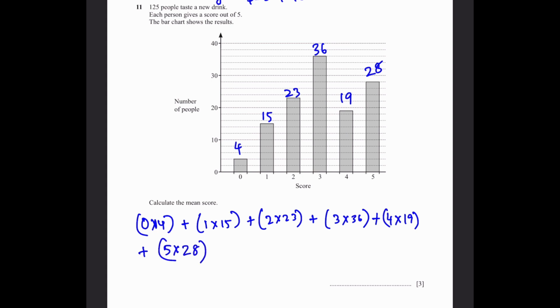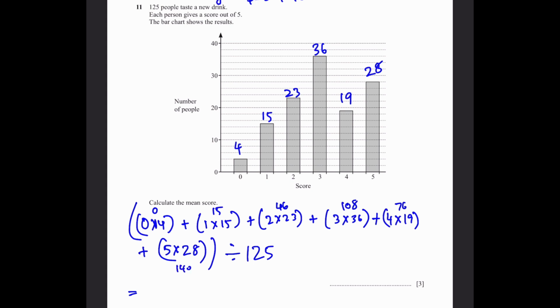And the whole thing divided by 125, which is equal to 0 into 4, 0, 1 into 15, 15, 2 into 23, 46, 3 into 36, we have 108 here, and then 4 into 19 is 76, 5 into 28 is 140.